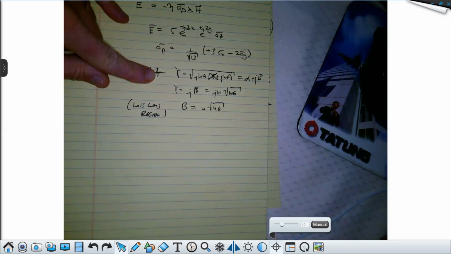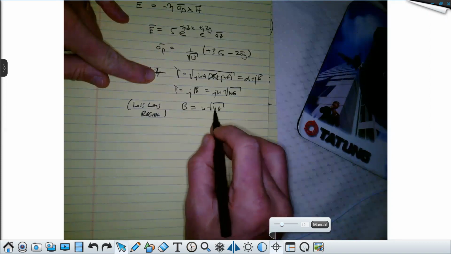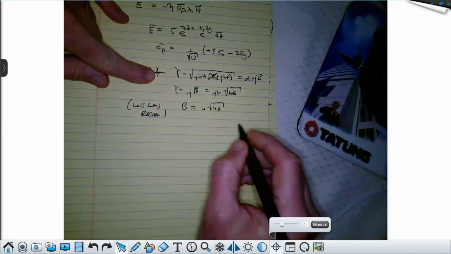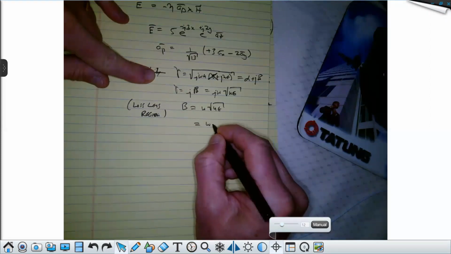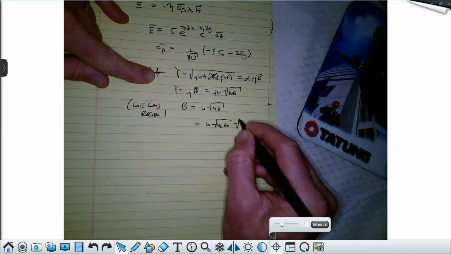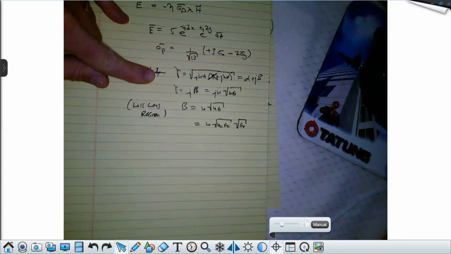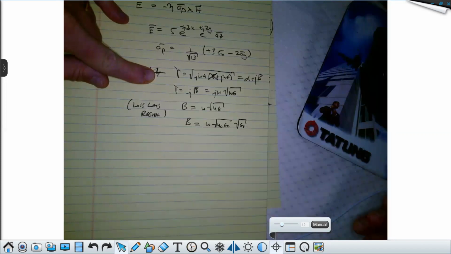Now, if beta is equal to this and it is non-magnetic, it means mu is mu zero. Agree? And I can say that this is equal to omega times square root of mu zero epsilon zero times square root of epsilon relative. And that's beta. Agree?